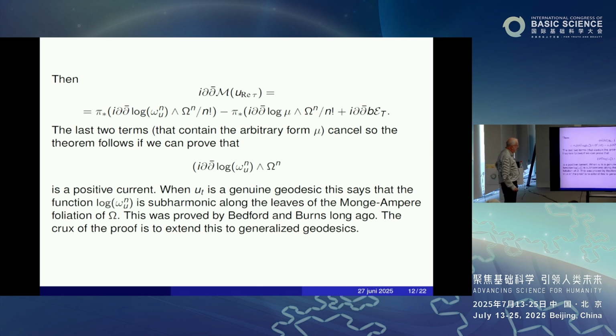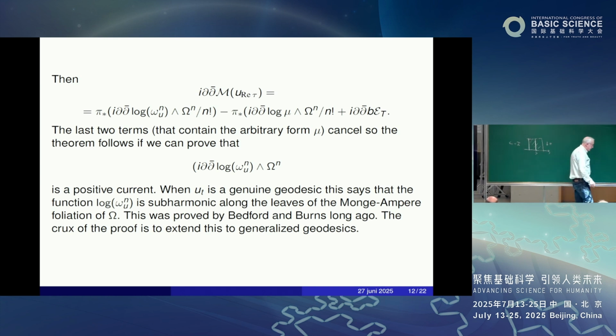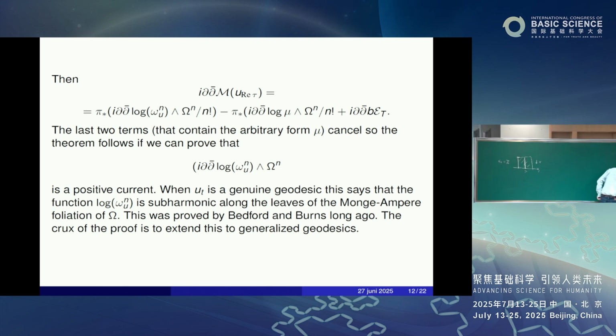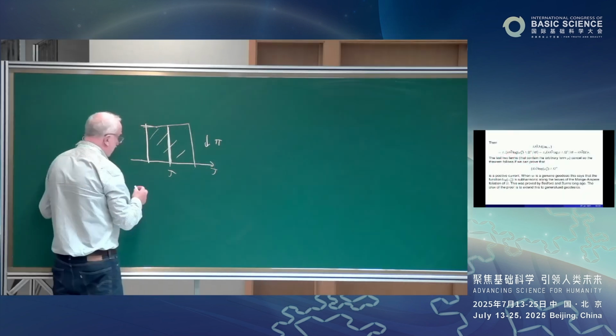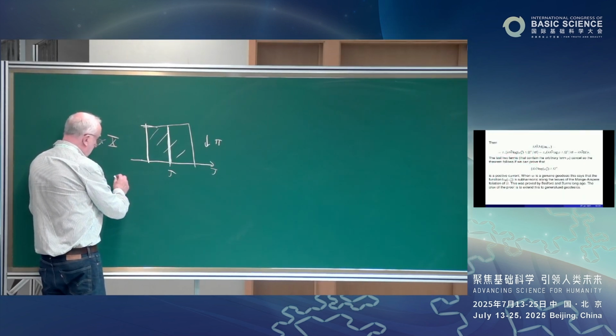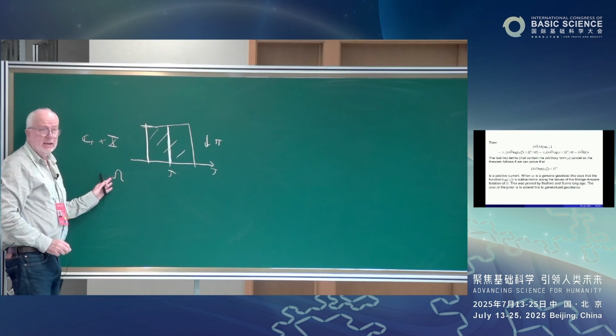Now, when u_t is a genuine geodesic, you have the following picture. Then you look at this form omega u, and it depends on tau also. So the hypothesis on a geodesic is that this omega here has exactly one zero eigenvalue, and all the other ones are positive.